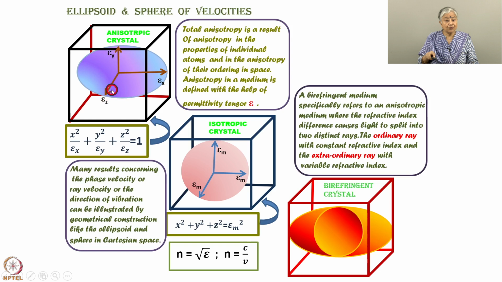If you were to write an equation for an ellipsoid, it would be x square upon epsilon x square plus y square upon epsilon y square plus z square upon epsilon z square is equal to 1. This is the equation of this ellipsoid. So, this ellipsoid is a kind of imaginary character which describes the value of the permittivity tensor epsilon in the different directions of the crystal.